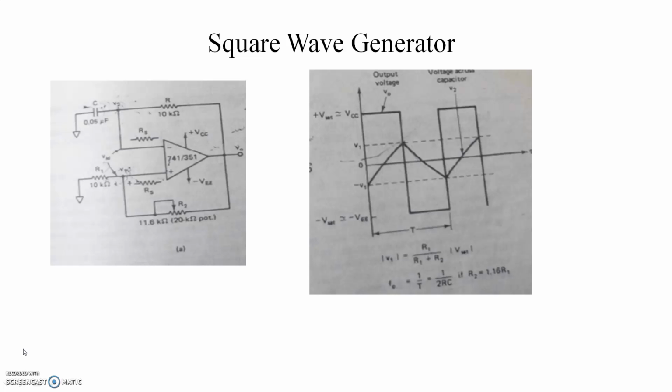The circuit for such a square wave generator is shown in the figure. In the left side figure, we can see a square wave generator using op-amp. It is also known as a free running or astable multivibrator.